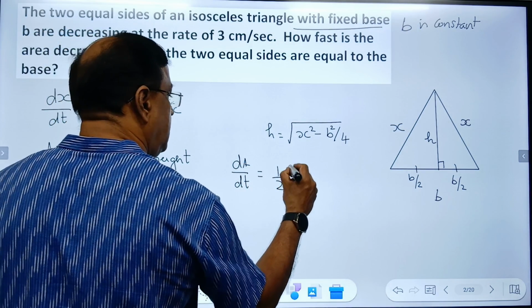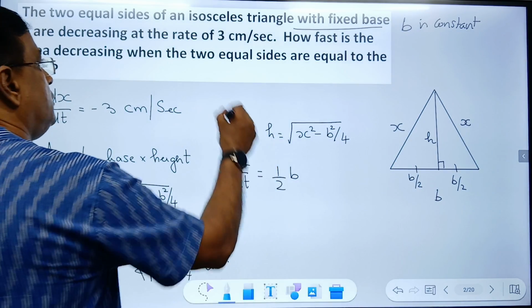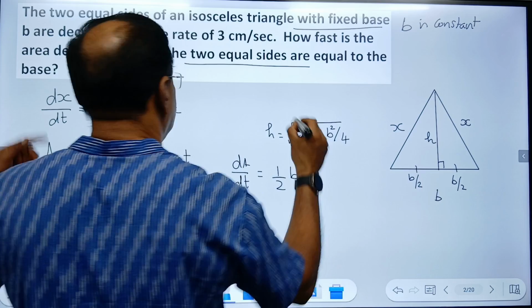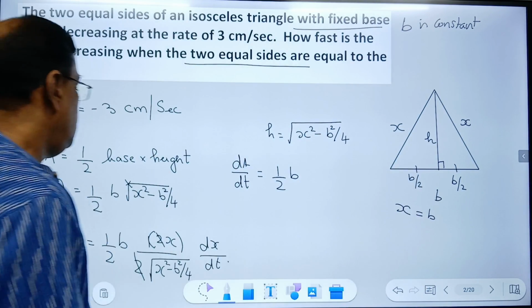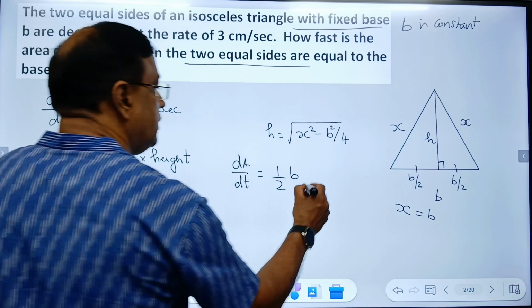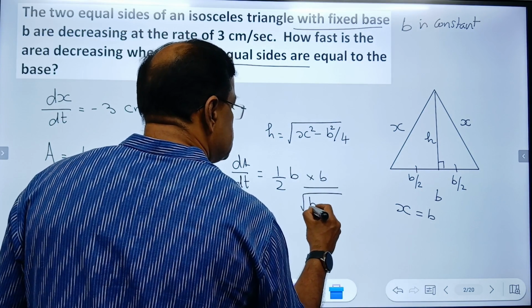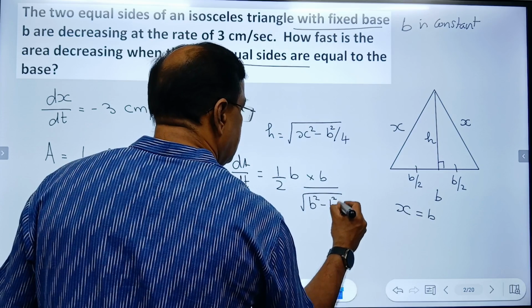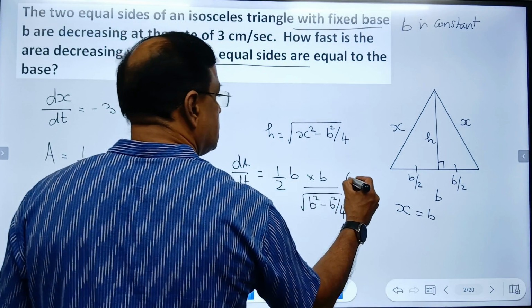half b, x divided by root of x square minus b square by 4, times dx by dt. Here he says when the two equal sides are equal to the base. So x is equal to b. In place of x I put b, divided by root of b square minus b square by 4, and dx by dt is given as minus 3.